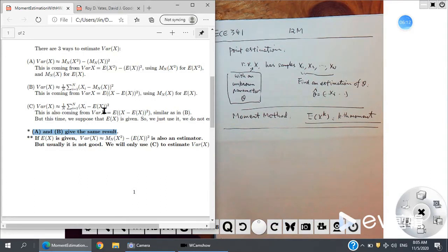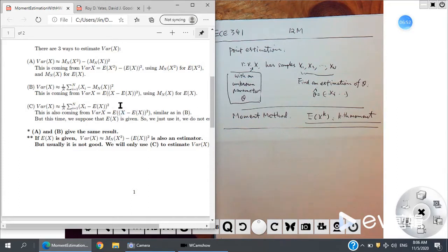And then we have the third way. This is in case you already know what E of x is. Here E of x is not an estimation. It's a given value, a fixed, true, accurate value. In this case you do not need to estimate because you already have it. So you just plug in, using the definition of the variance, replacing E of x by the given value and x by the samples.